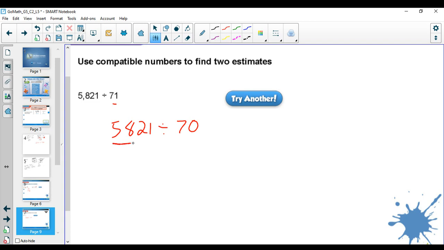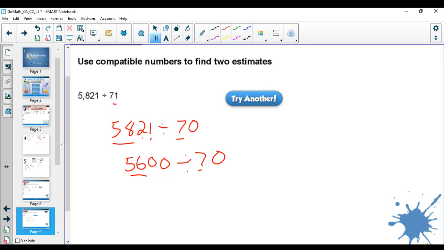Now, I'm going to look at these first two digits together and think, what's a number really close to 58 that is a multiple of 7? Well, I know that 56 is a multiple of 7. I turn the 2 into a 0. I turn the 1 into a 0. So I get 5,600 divided by 70.